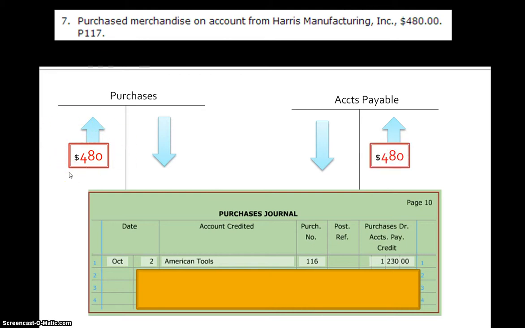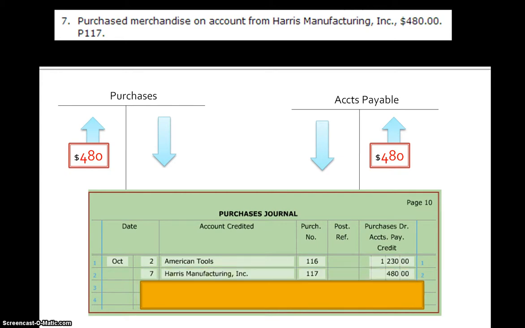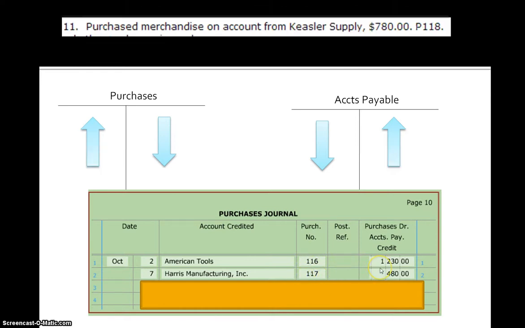We're going to credit accounts payable for $480. Very important that you know that. And when we record that in our journal, we'll put the date. We'll put down Harris Manufacturing Incorporated. Remember, this is the accounts payable account. We just don't put accounts payable. We put the purchase invoice number 117. They go in order. See that? And then we put $480 in.